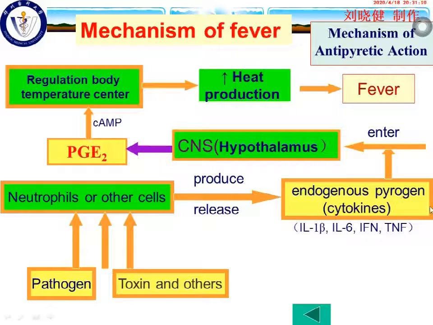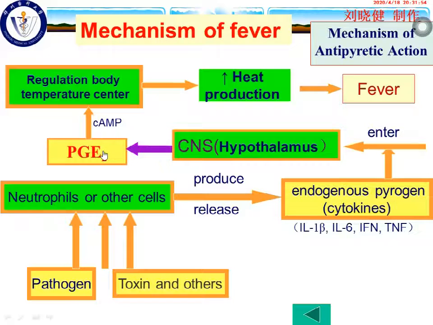These endogenous pyrogens can enter the circulation and act on the local area of the hypothalamus to synthesize more prostaglandins, so the set point of the body temperature center is increased. Then heat production increases, so body temperature rises to induce fever. Here, I think you can understand that this process involves prostaglandin E2.